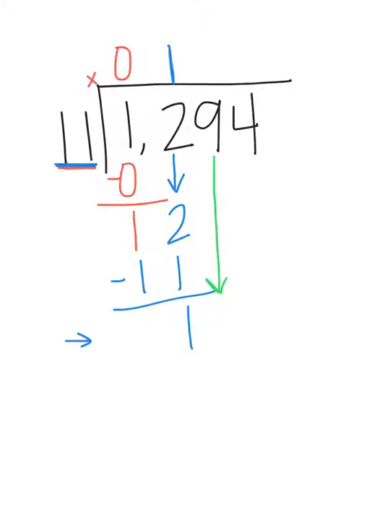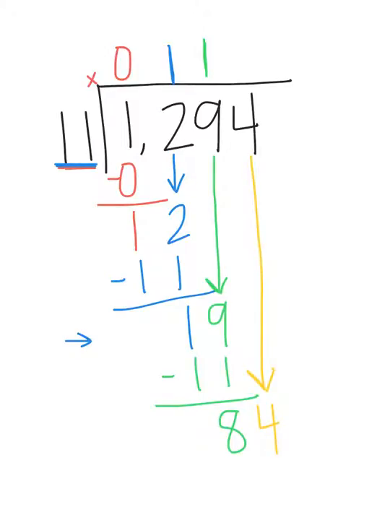So you bring down one digit at a time and ask yourself, how many times can 11 go into 19? And we figured out it can go into 19 one time. 1 times 11 equals 11. We subtract and we're left with 8. And then finally we bring down our 4.